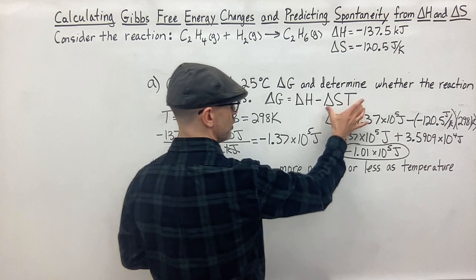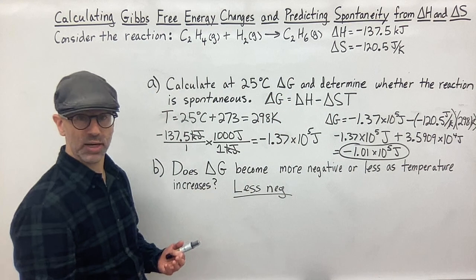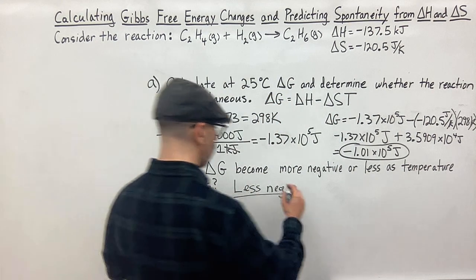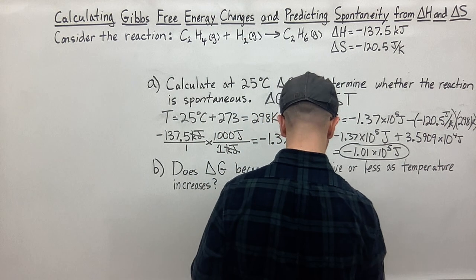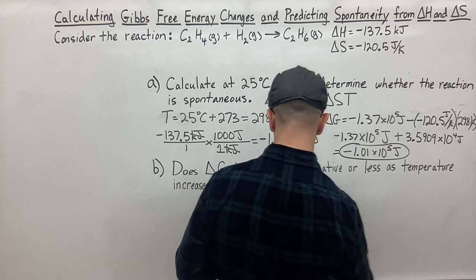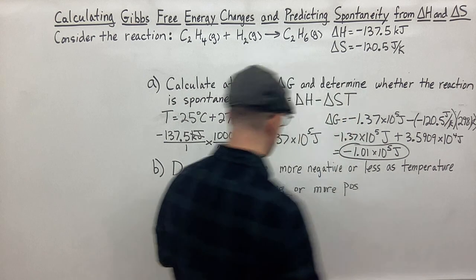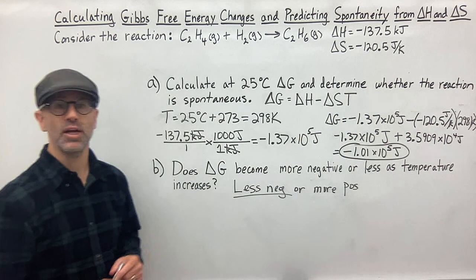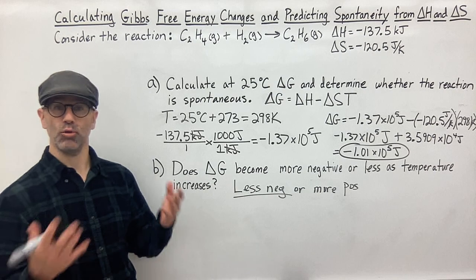So as the temperature increases, delta G is becoming more positive, or another way to say that is less negative. Or another way to say that, more positive.